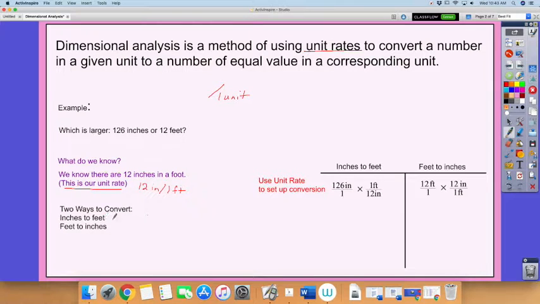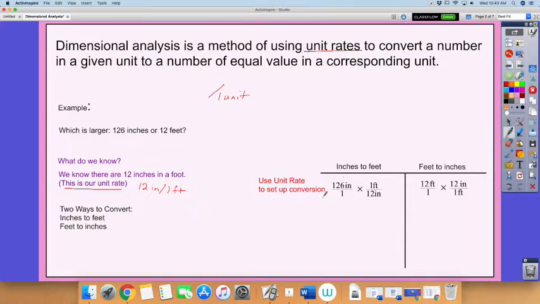So what we can do to compare is we can either turn the 126 inches into feet, or we can take our 12 feet and turn it into inches. And we're actually going to do both. So over here, we're going to use our unit rate to set up our conversion problem. And first, we're going to turn the 126 inches into feet.